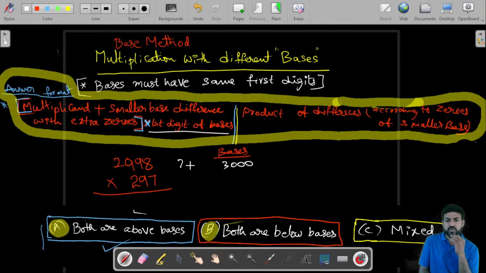The difference from base is 2. Here, the base is 300, and the difference from base is 3.